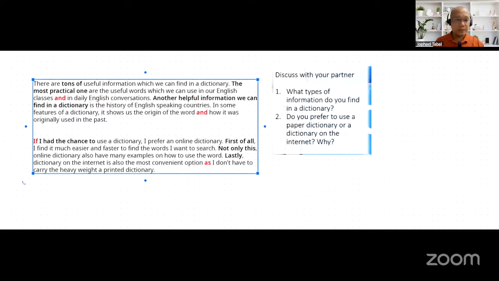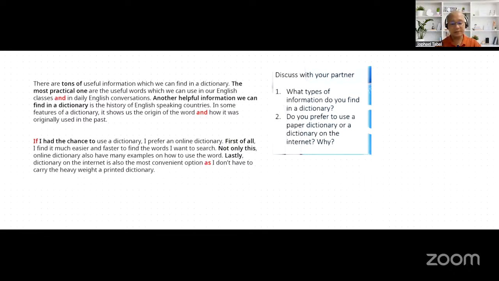So I want you to write your own answer, okay? And after that, I'm gonna call names to give their answer in the class. I'm gonna give you 3 to 5 minutes, okay? After that, I want you to speak your answer in the class, okay?